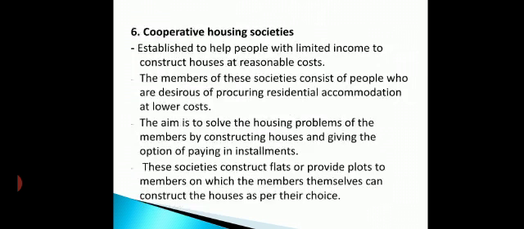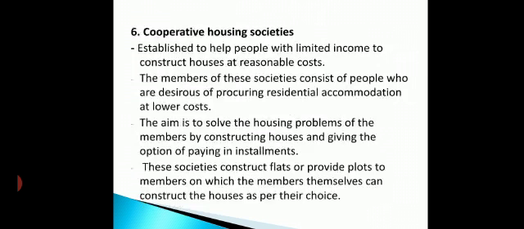Sixth one is cooperative housing societies. Now for the middleman, it is very difficult to have their own accommodation, as the cost of living is very high nowadays. So it's very difficult for a common man or a middleman to get their own house.